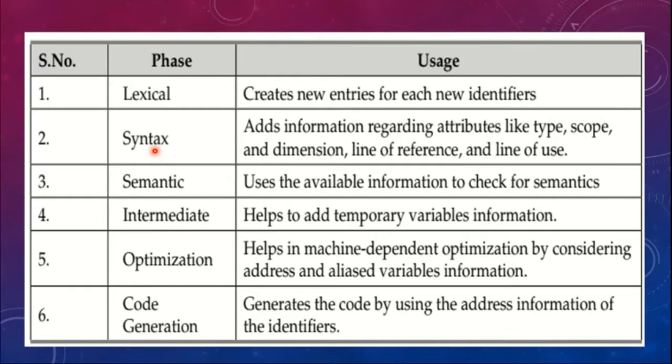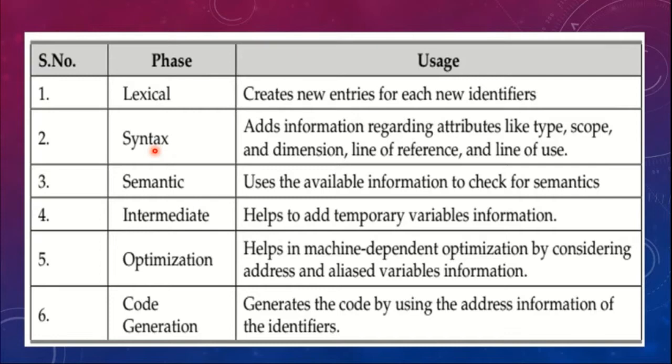Such information is available in the syntax analyzer. In addition to that, it can add information such as the type of that particular variable, the scope of that variable, its dimensions, and the lines of reference and lines of use.